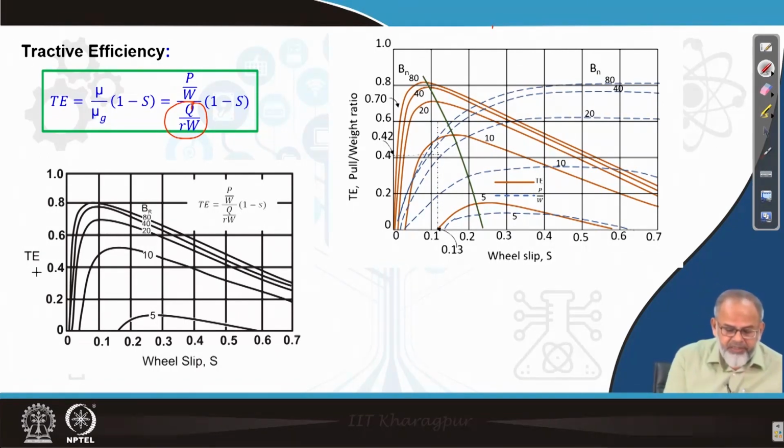Okay. Now, the nature of the curve we can see from here. The variation of TE with wheel slip is shown in this figure. When the wheel slip is less than 5%, okay, what happens? A large portion of the power is required to overcome rolling resistance.